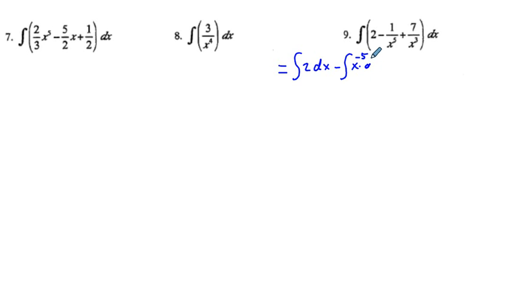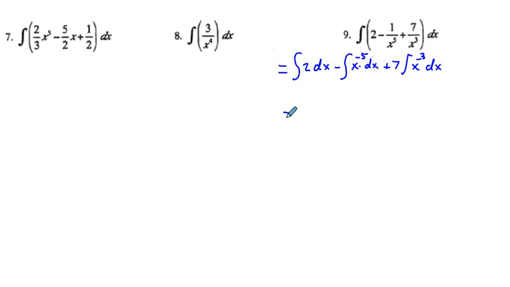So we have dx here, and then we have plus 7 times the integral of x to the negative 3 power dx.